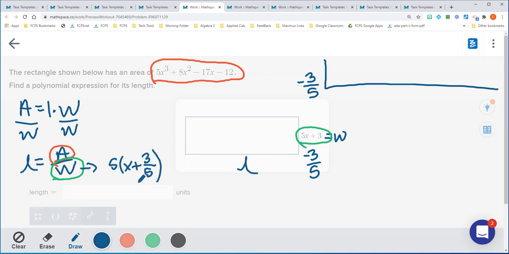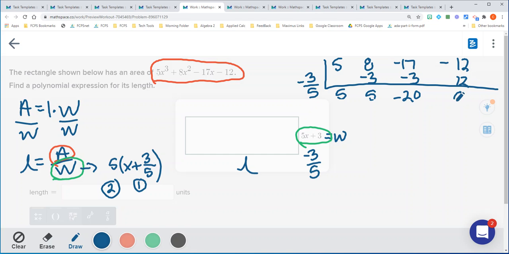And I'm going to divide by first this one and second this one. Okay, D. Okay, that's 60 over 5 is 12. Oh, that's pretty fancy.